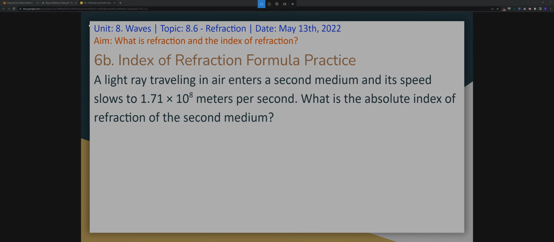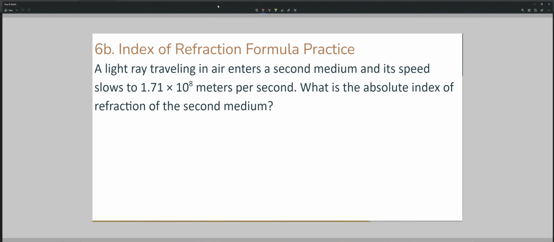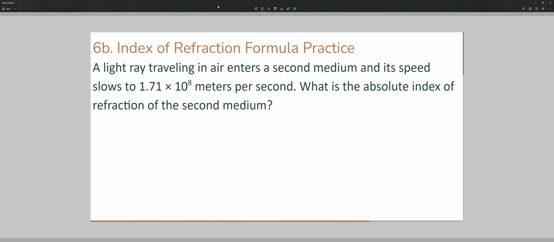Let's do this one. Light travels in air and enters a second medium. Its speed slows to this value, which is the velocity of light in this medium.